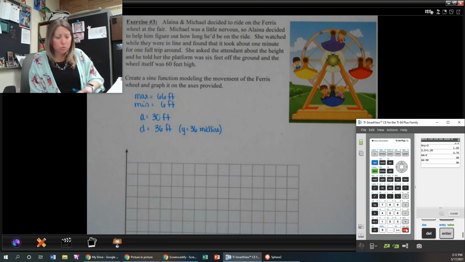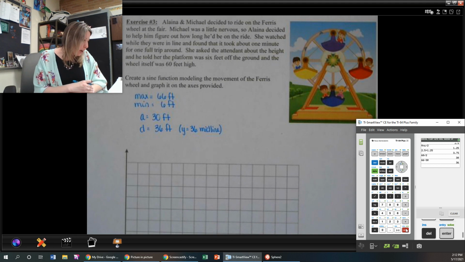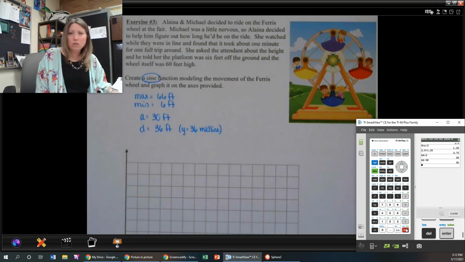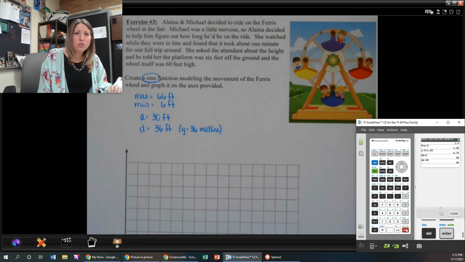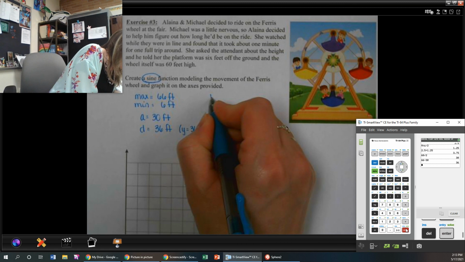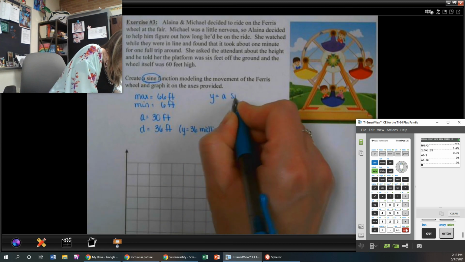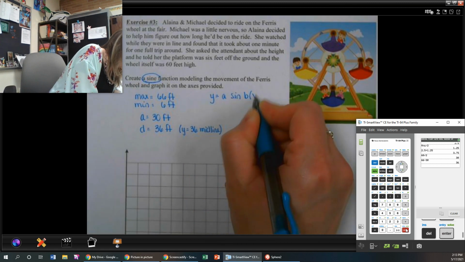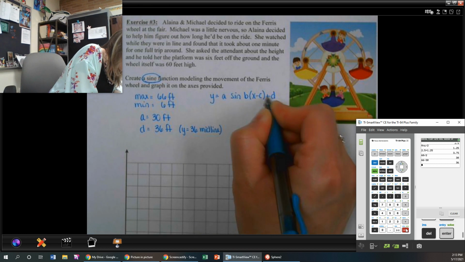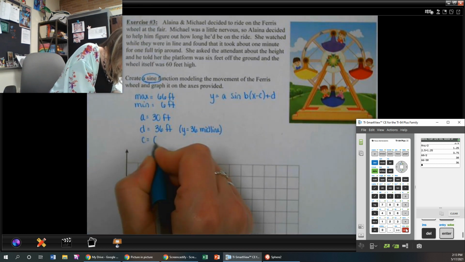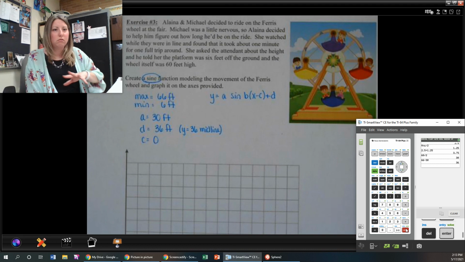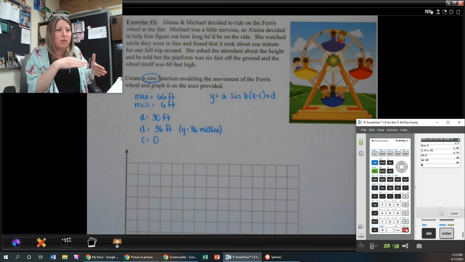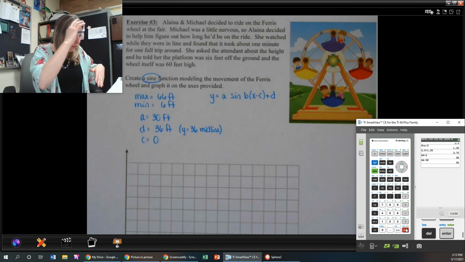We do not need to have a phase shift here. It says to create a sine function for this, right? So I know specifically that I'm going to need y equals a sine b times x minus c plus d. And we did already agree that let's not write a phase shift in there, because let's start our sine function at the midline and go from there.